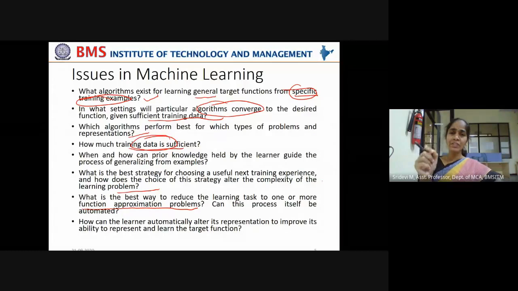Can you teach every probable step to the machine? It's not possible. You have to find a general representation, an ideal target function which will help the machine take decisions at each and every legal board state. Got it? So you're trying to reduce the learning task into one or more function approximation problems.